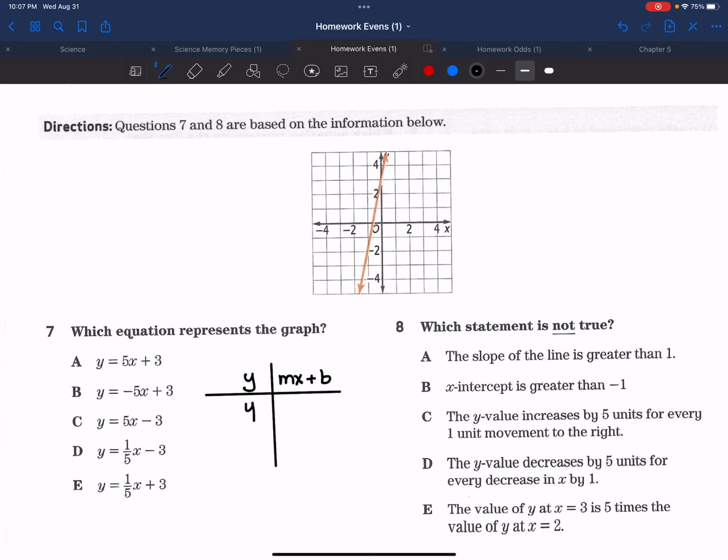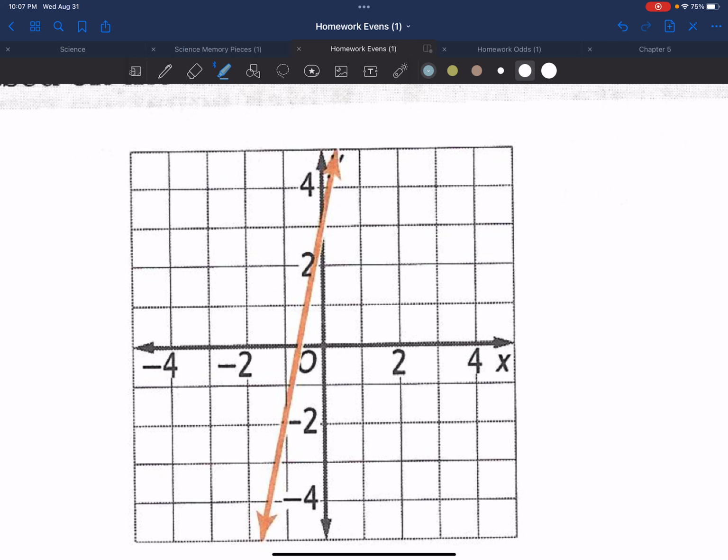I know that Y will stay in the problem, and so will X. So we need to find M and baby B. Baby B is easy this time because I look at the graph, I see where the line touches the y-axis. That is baby B right there.